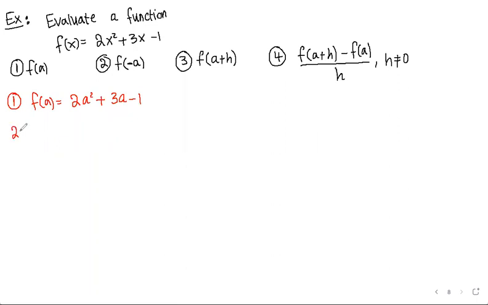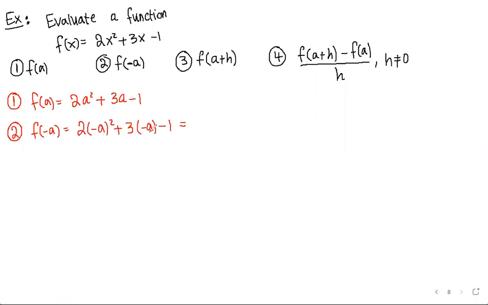For the second one, who will do it? f of minus a. Same thing. You plug the minus a into the equation. You get 2 times negative a squared plus 3 times negative a minus 1.